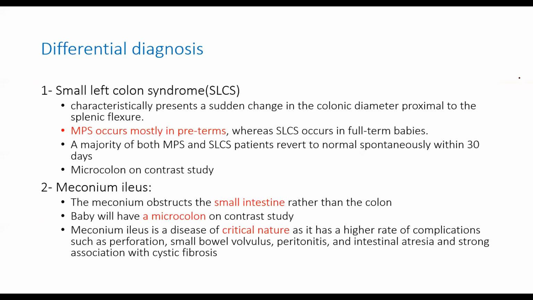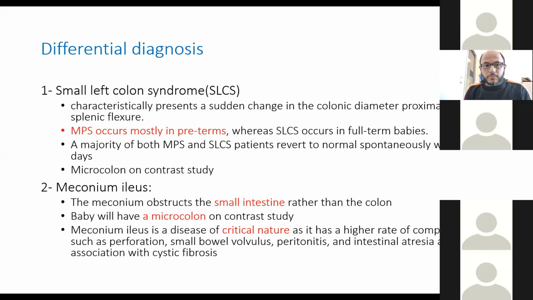How do we differentiate all these types? In small left colon syndrome, number one, it mainly affects full-term babies versus meconium plug, which mainly affects premature babies. Presentation, they might present with the same picture. When you do the barium, in meconium plug you very rarely see microcolon.